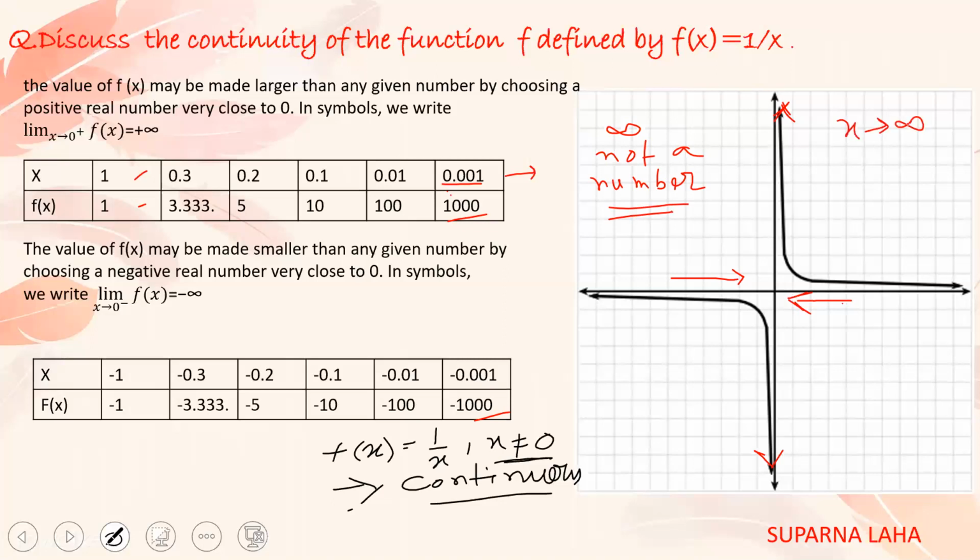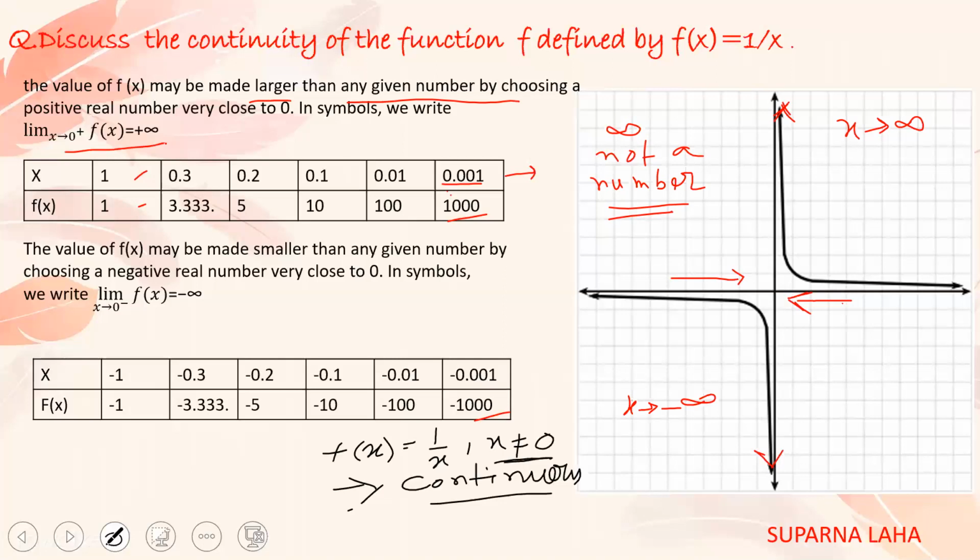That means the value of x will increase beyond our imagination. And for x tends to minus infinite, this is also the same. So the value of the function may be made larger than any given number. Here it is, that is moving upwards.